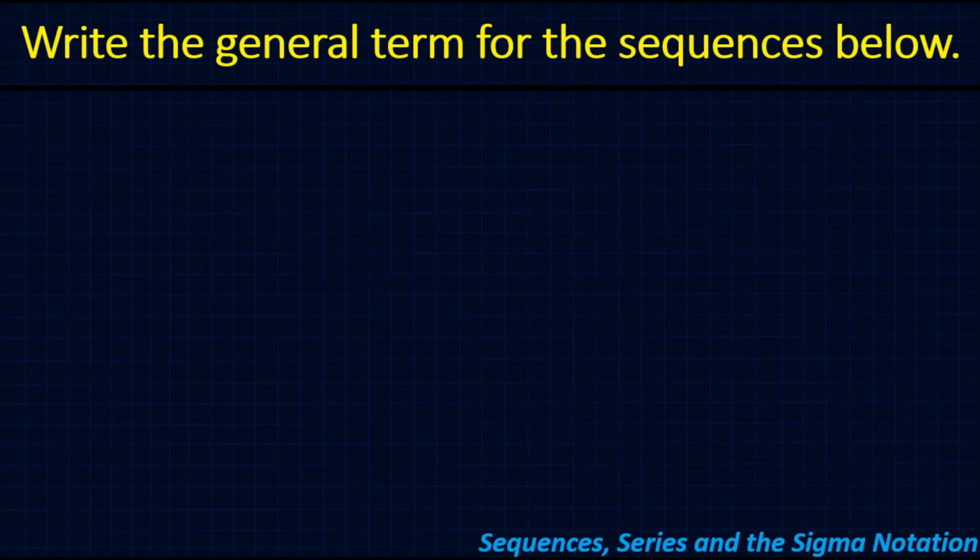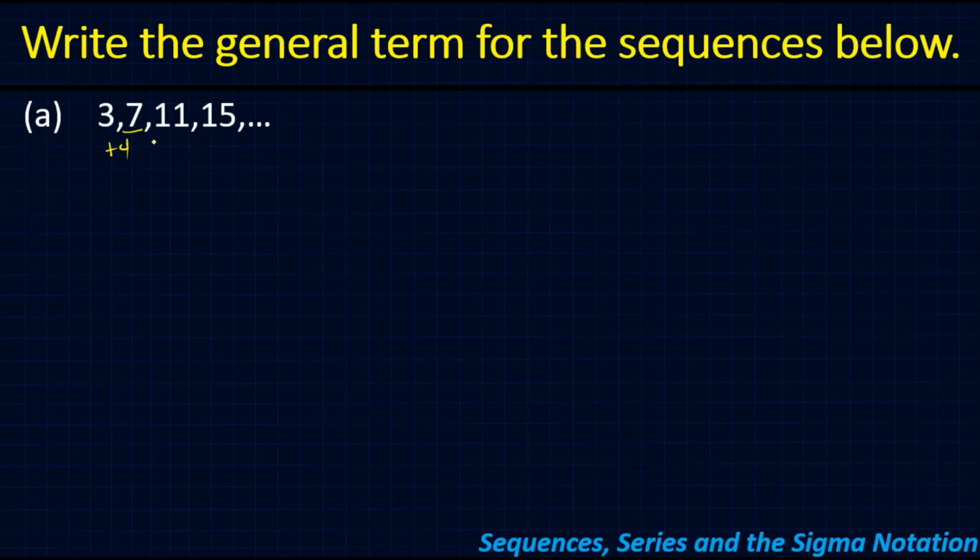Okay, another set of sequences. Okay, so we have 3, 7, 11, and 15. Okay, this time let us observe the sequences, and then let us identify kung ito ba arithmetic or geometric. Okay, so para ma-obtain ang 7 from 3, anong gagawin natin?